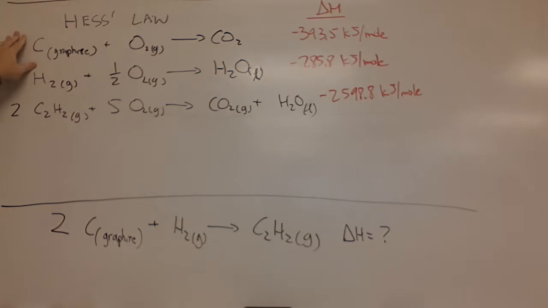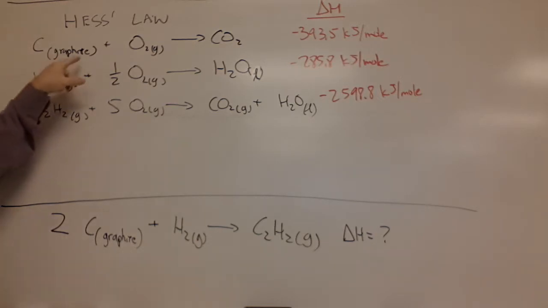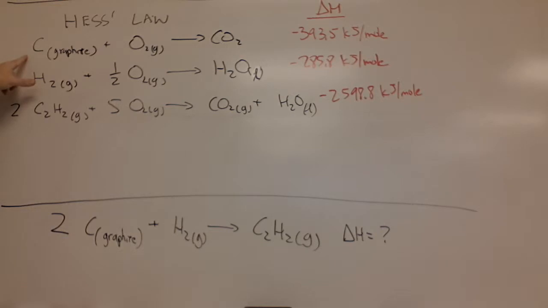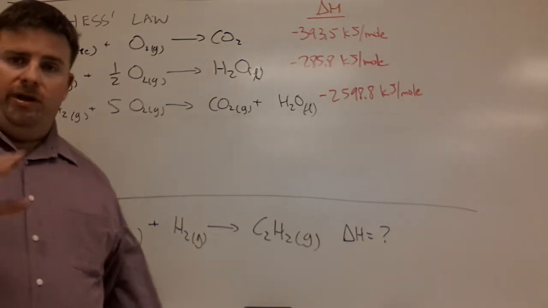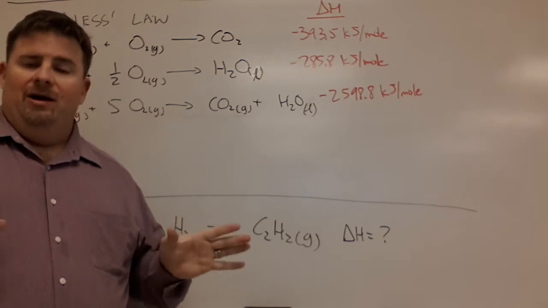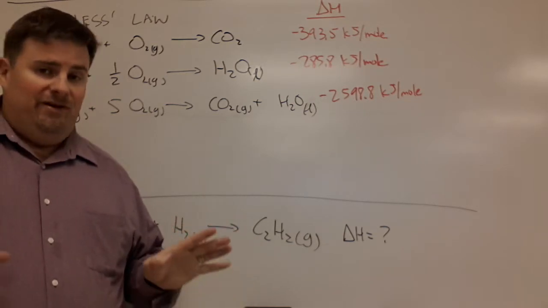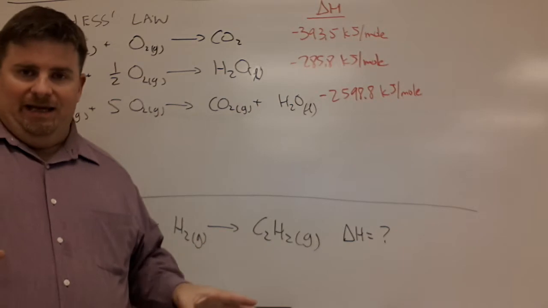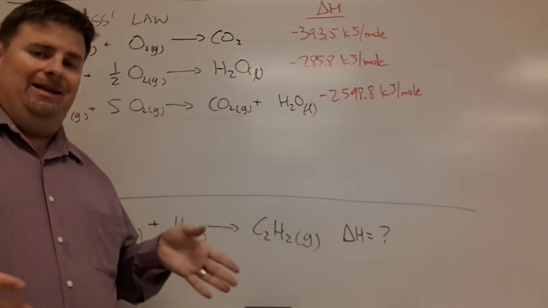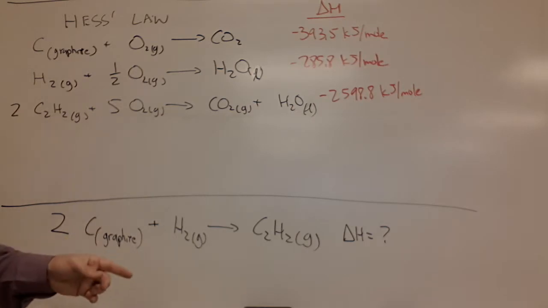That's good. Is the amount of graphite here the same as the amount of graphite that's down here? I've got 2 here, and I've got 1 here. Okay? Before I put a 2 where that graphite is, I need to look at every other step and make sure graphite doesn't appear anywhere else as well. Because if it does, then I'm going to have a possibility of adding that extra 2 from a different step.